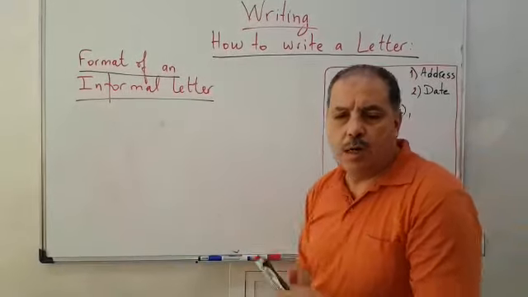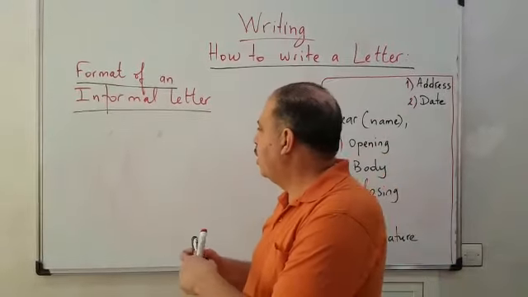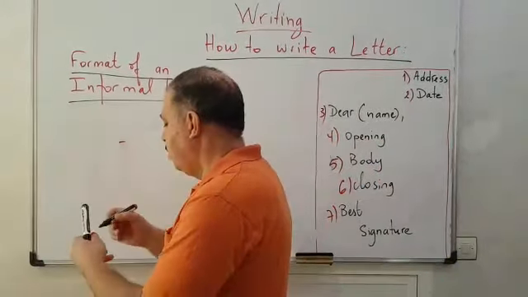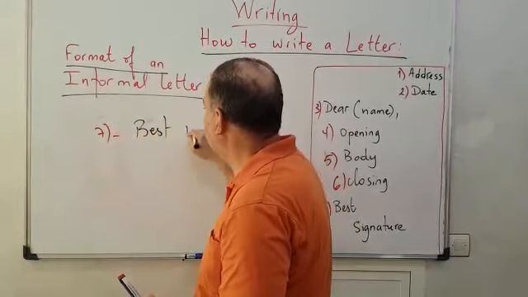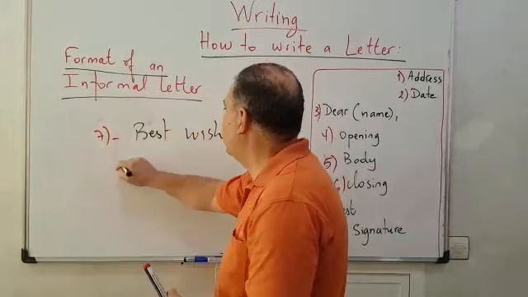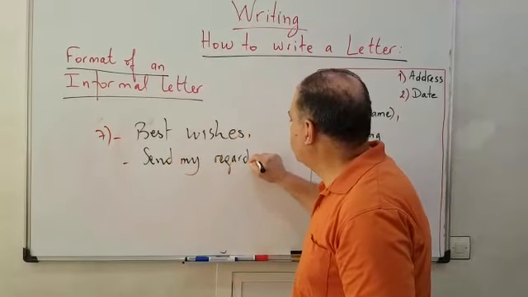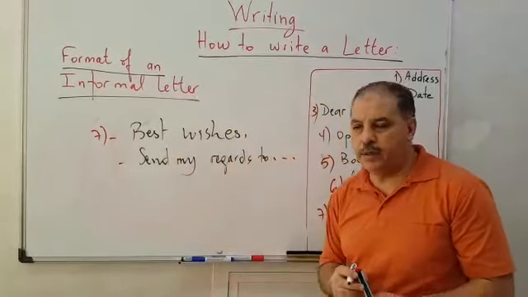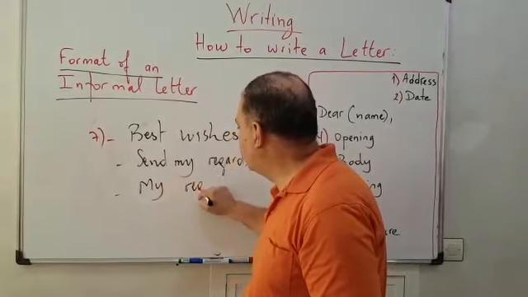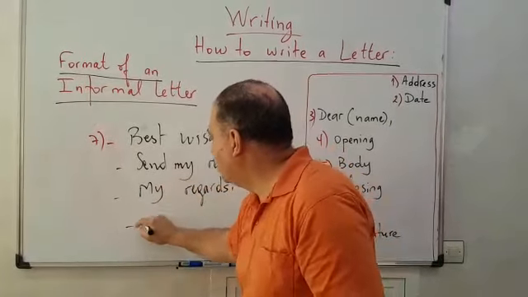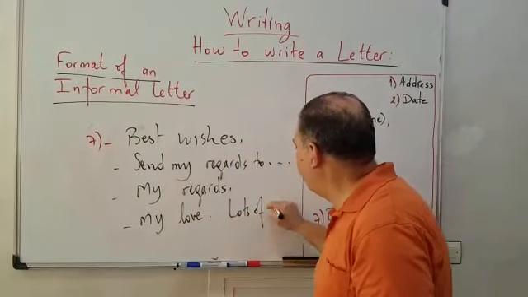So you are now finishing your informal letter by using some expressions. In 7 we can say best wishes, for example, or send my regards to someone, or just my regards, or just my love, or lots of love.